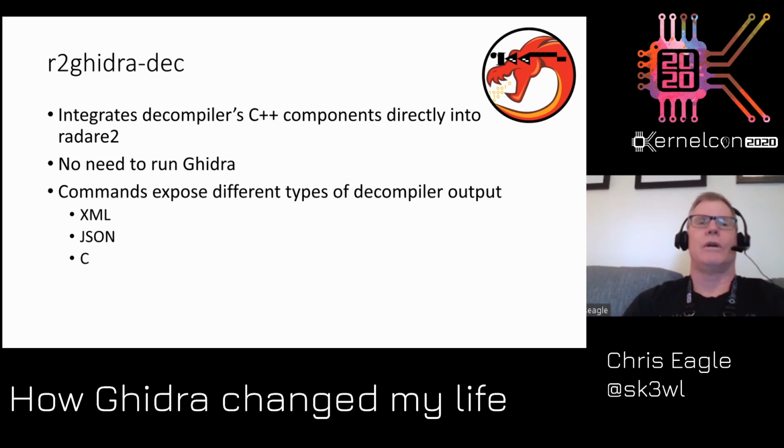These are formats that you can request from the decompiler when you initiate a decompile action. You can request any of these formats back, some of them more useful than others. Again, I'll talk about the approach that I take in the next few minutes.